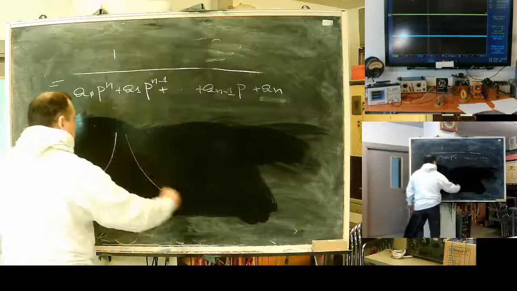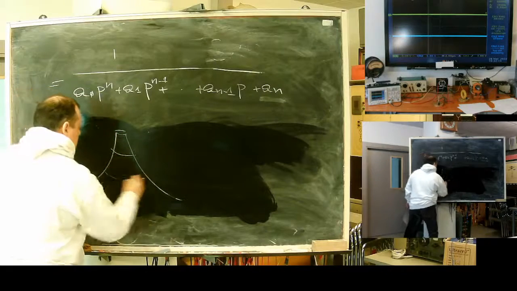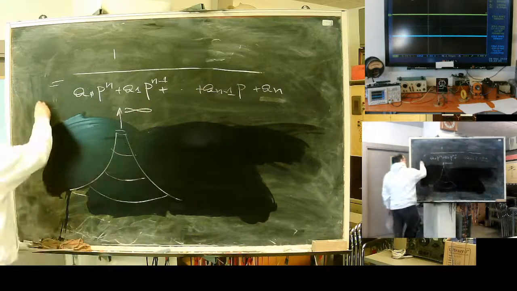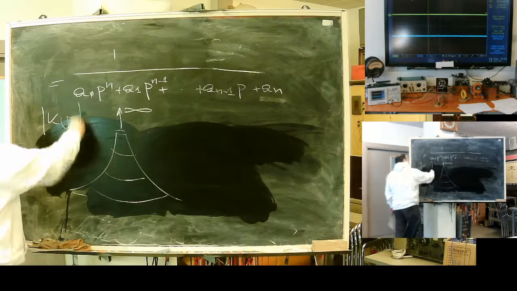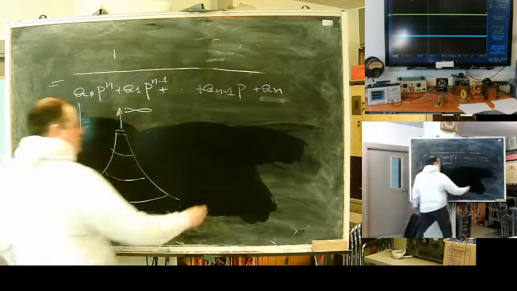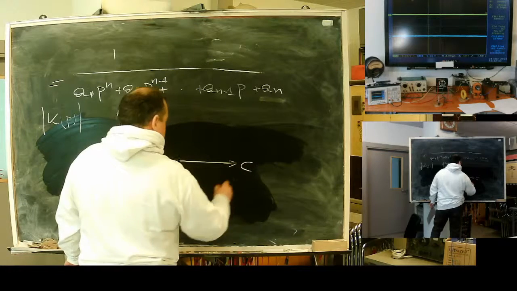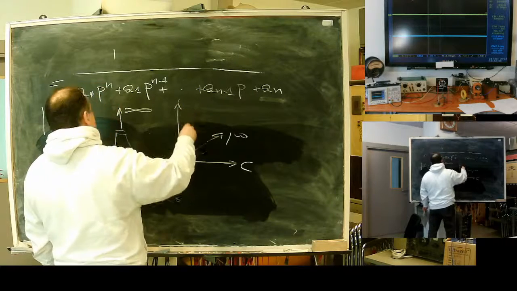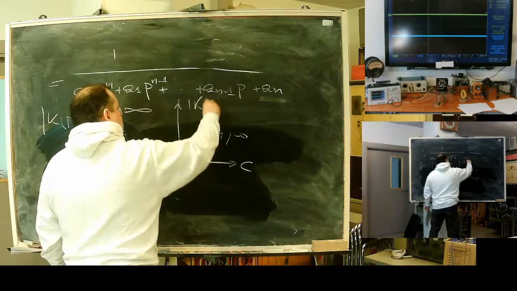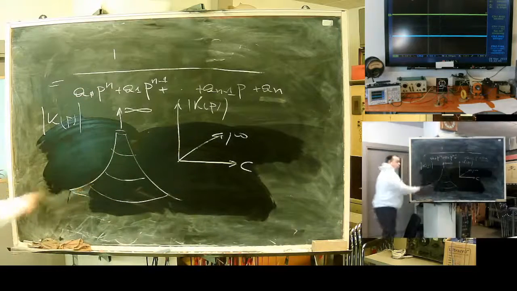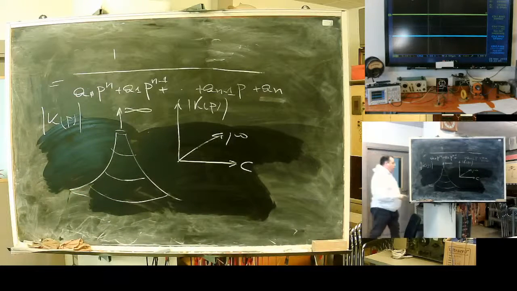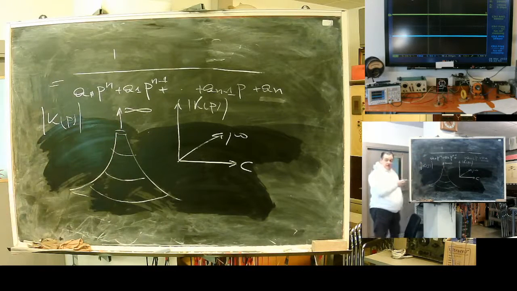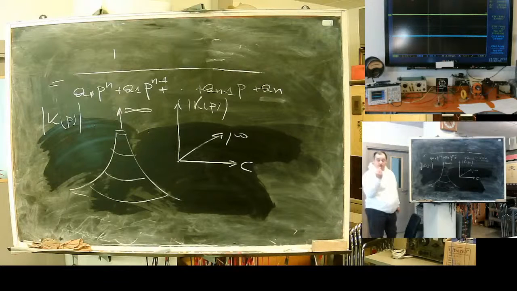It's something like that. Here it goes to infinity. It's an absolute value of transfer function. And coordinate system, sigma, j omega. Here I have one pole. System will oscillate at a frequency. This pole corresponds to some frequency. It's a point where the system will oscillate, its own frequency.